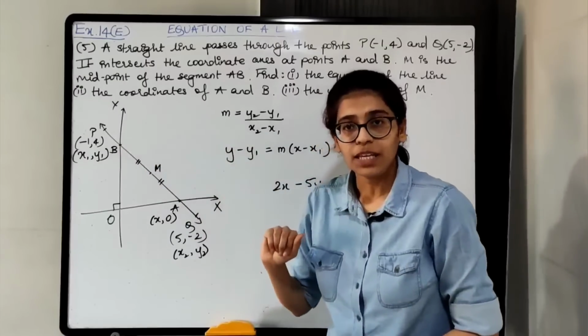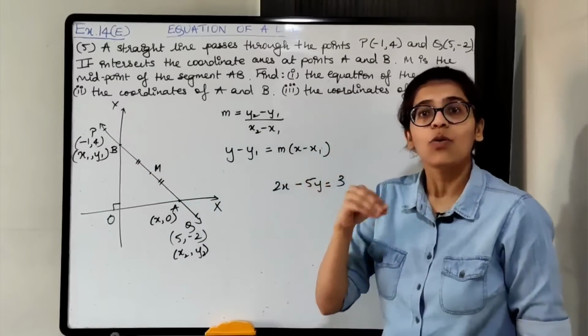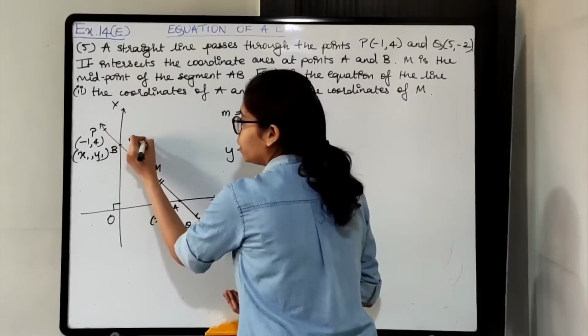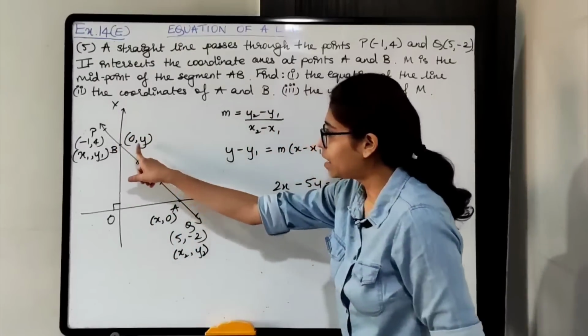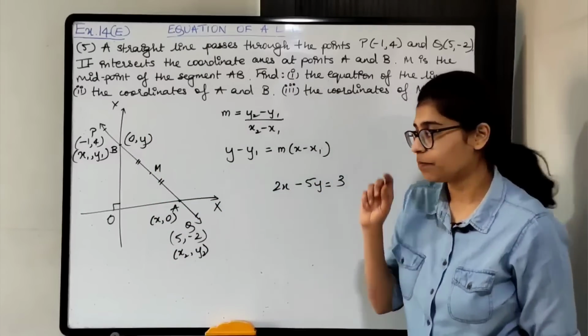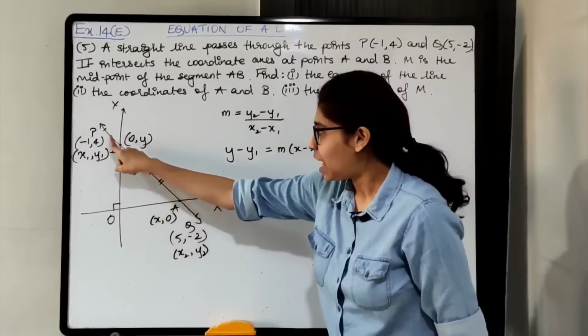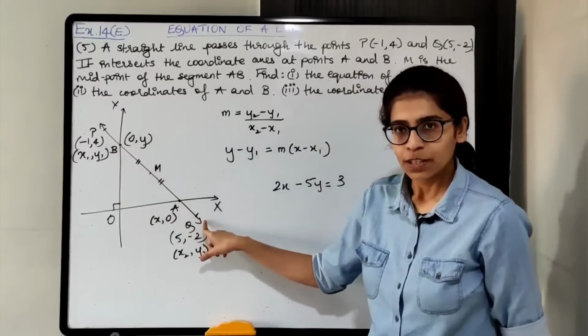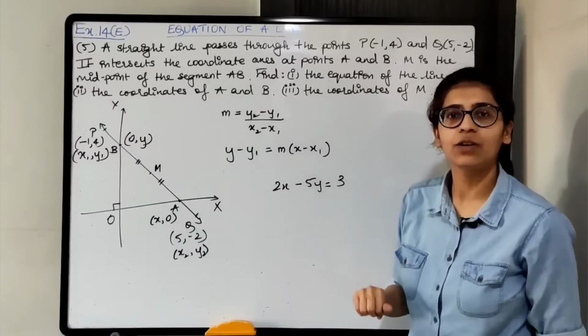Same way for B, it is cutting y axis. So x coordinate will be 0 and y coordinate will be something. So I just need to find x and y ka value over here. Okay, A is lying on this line. It is lying on the line PQ. So it has to satisfy this equation.